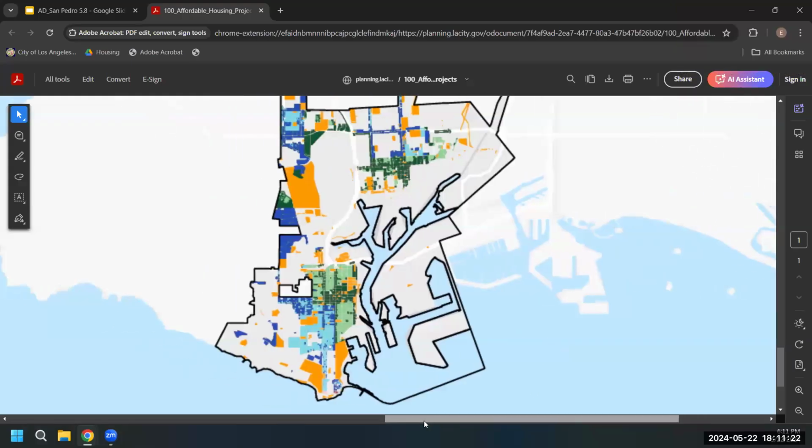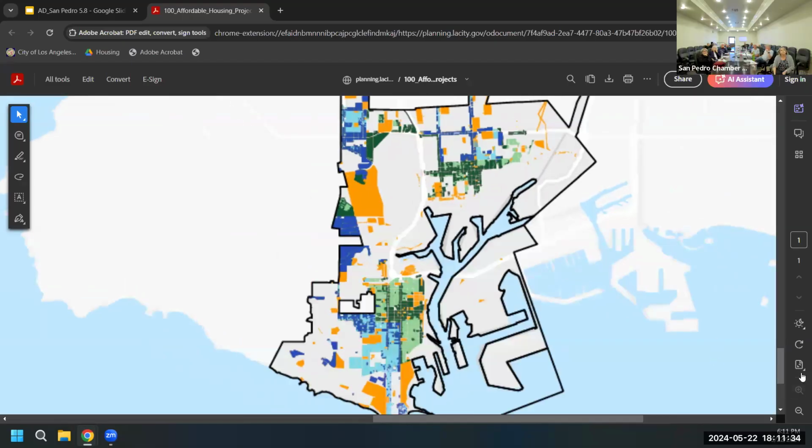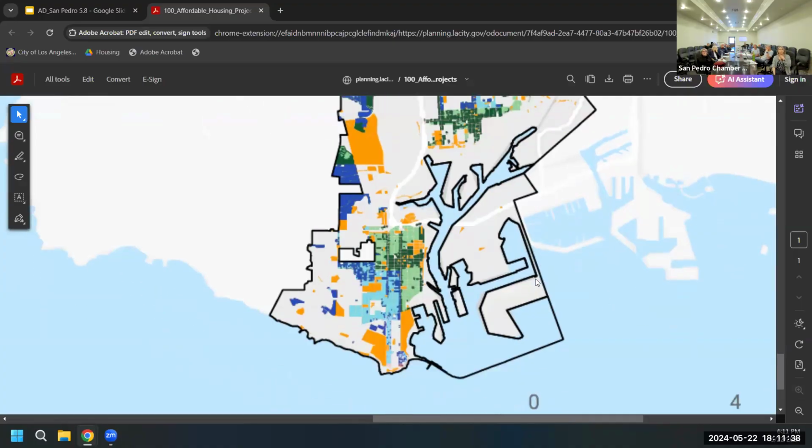This is the extent. It's really not showing up even now. You can see the patchwork of the light blue and the dark blue, and they're all zoned the same. But we'll just put that in our comments.